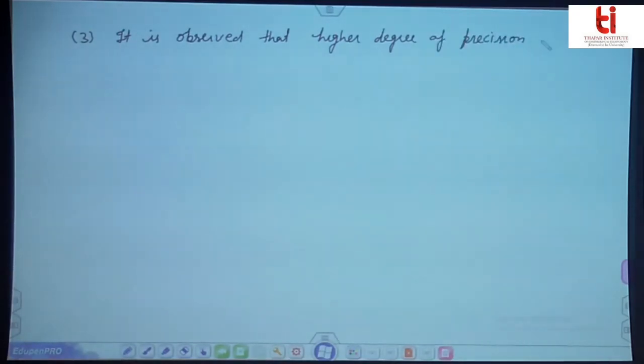So third point: it is observed that higher degree of precision gives better accuracy.